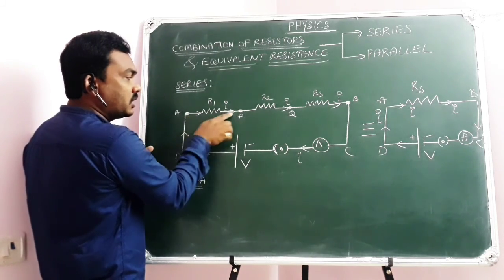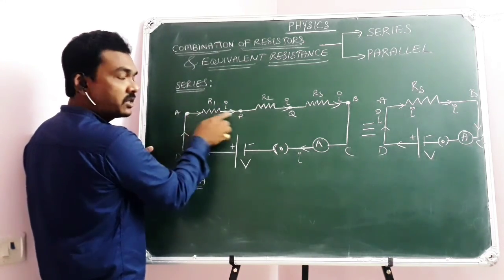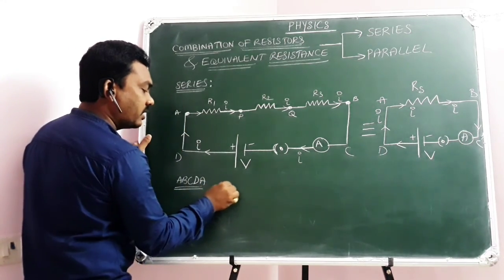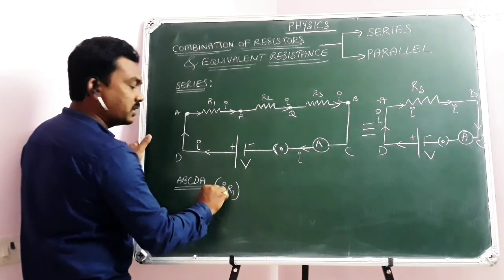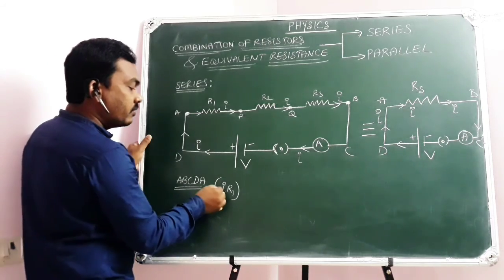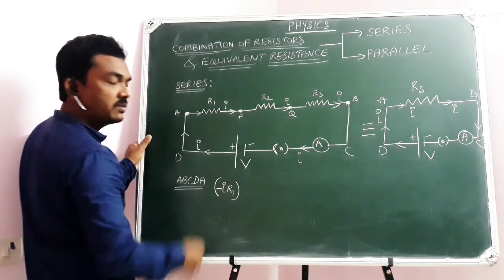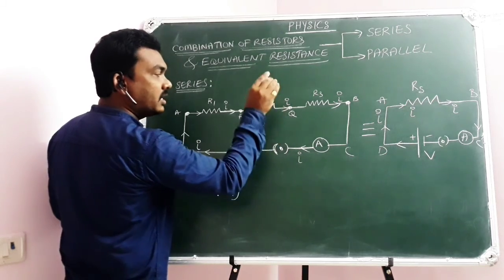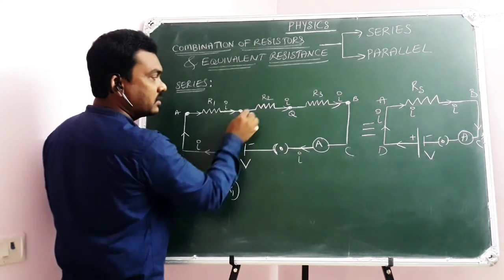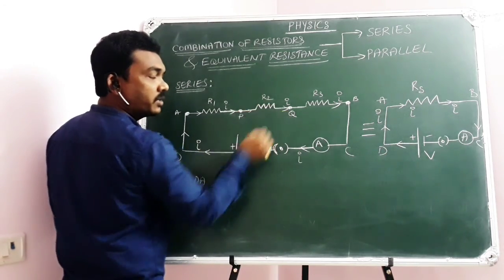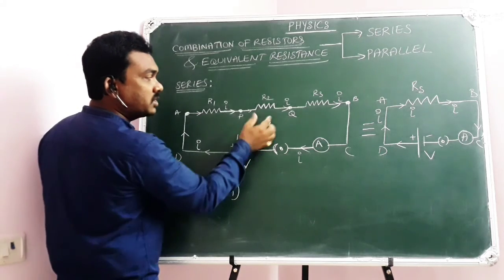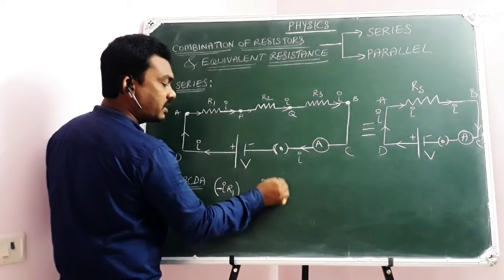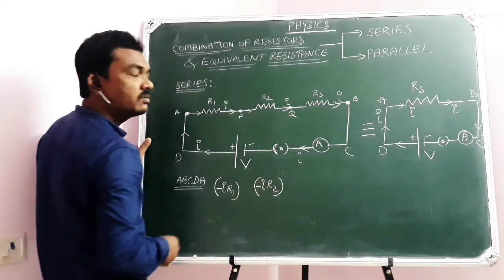Then high potential to low potential, because you are moving in the direction of current. So the potential drop IR1 is a potential drop, which is minus. Next, from P to Q, again there is a potential drop, because we are moving in the direction of current, high potential to low potential. How much potential drop across R2? That is IR2, but it is a potential drop, that's why minus.